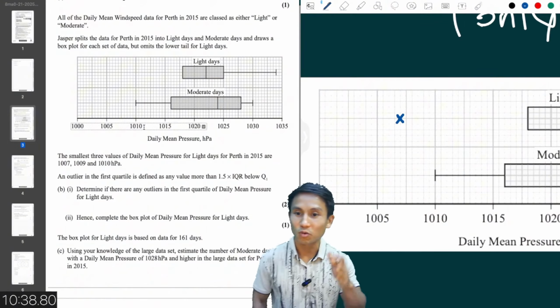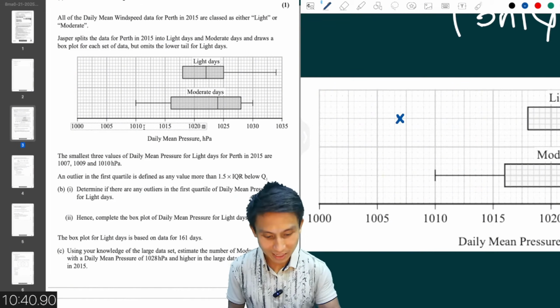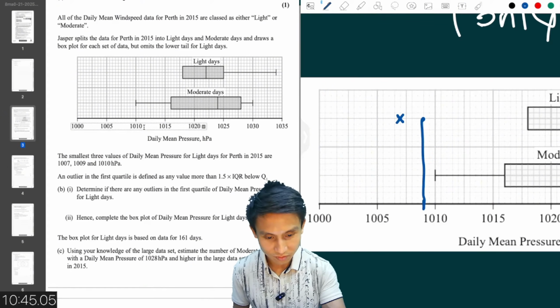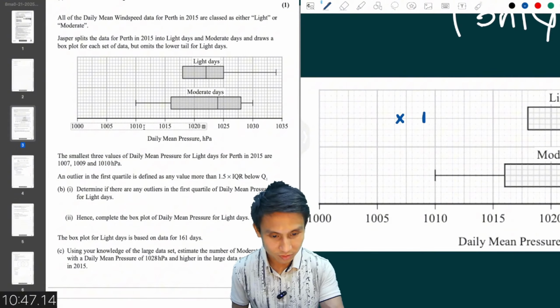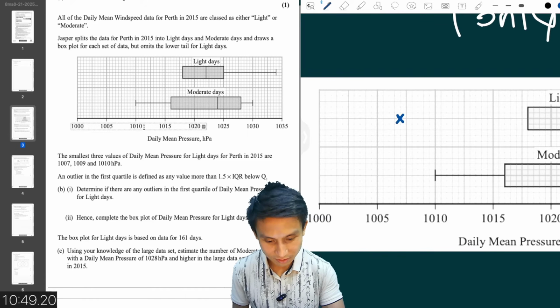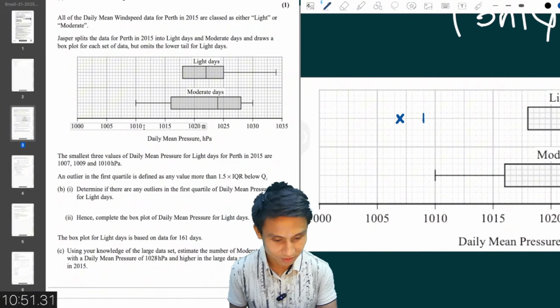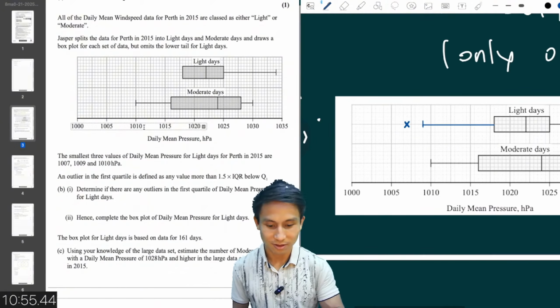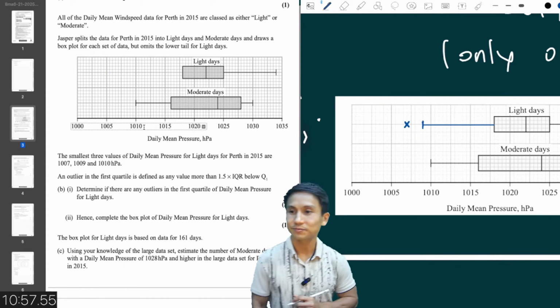And the actual minimum will be 1009, which is around here. So this is 9, and then you go up there. So you would have the whisker, which is like the bounds, and then everything will just be in there. There you go. All right.